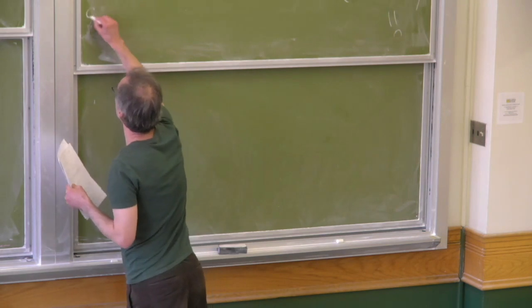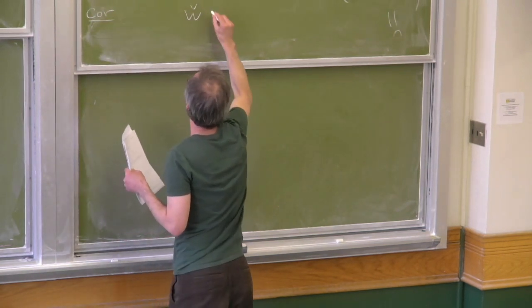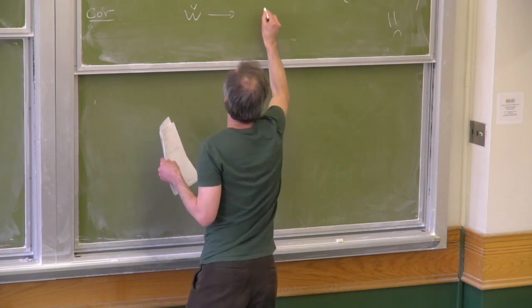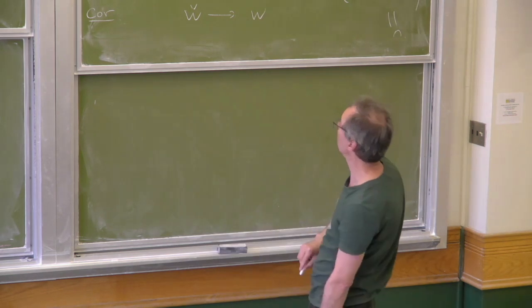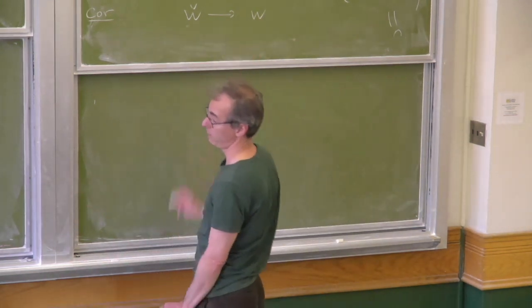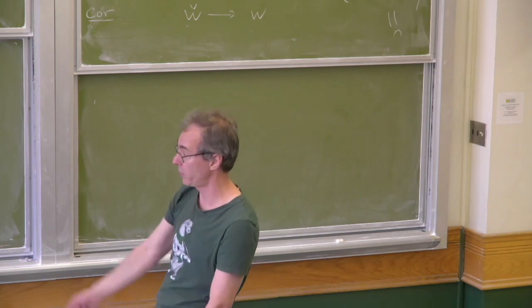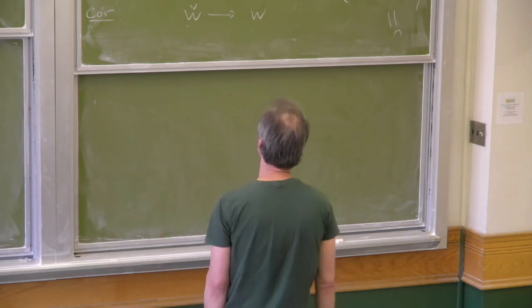So the corollary is that if I consider the projection, what is its kernel? First of all, this map is surjective. This follows from the surjectivity of the Witt vector Frobenius and the Frobenius on W hat.